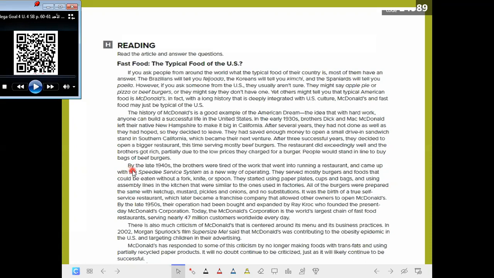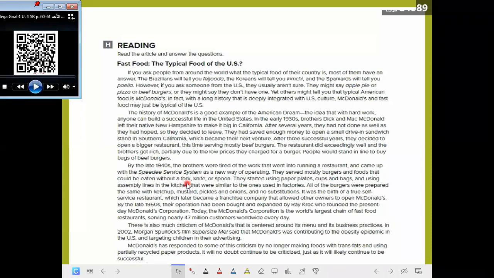By the late 1940s, the brothers were tired of the work that went into running a restaurant and came up with the Speedee Service System as a new way of operating. They served mostly burgers and foods with assembly lines in the kitchen that were similar to the ones used in factories.